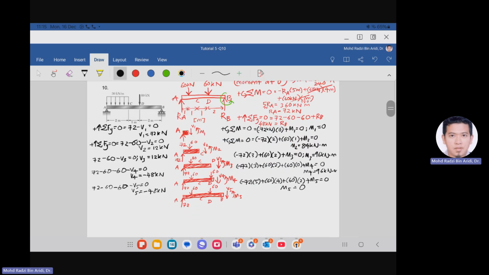And then my M5 will be equal to 0. We have three forces, 72, 60, and 60. For 72, the distance is 5 meter. The first 60 will be 4 meter. The second 60 will be 2 meter. And then we can find M5 equals 0.